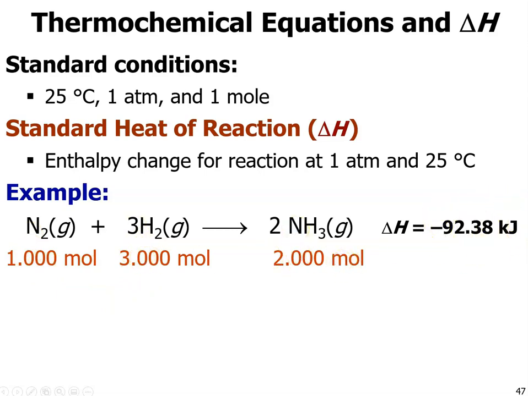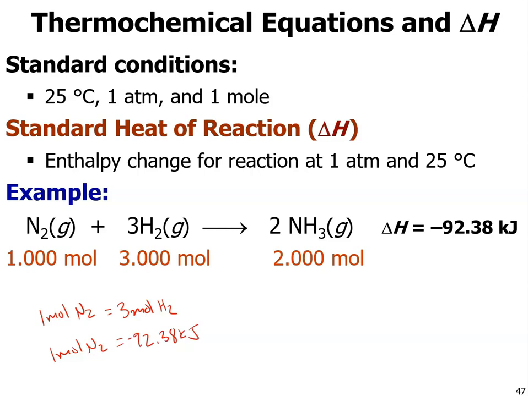So we can start using these as different conversion factors. We have 1 mole of N2 is equal to 3 moles of H2. We have 1 mole of N2 will give us 92.38 kilojoules of energy, right?